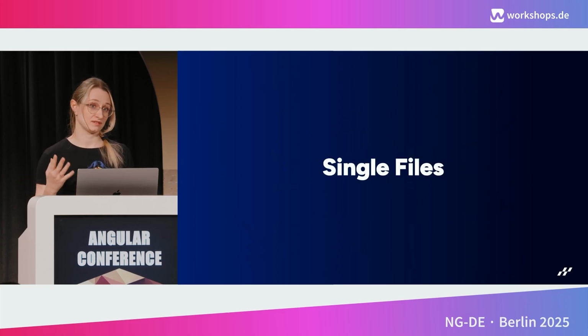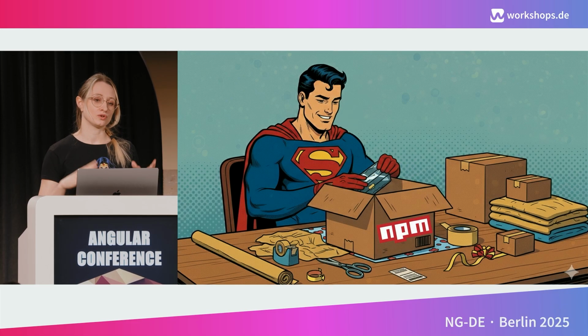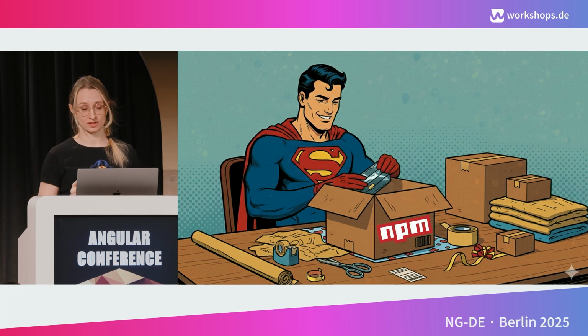You can generate even a single file, like whatever you need. And the beautiful part of it is that you can package your tool into an NPM package, publish it to the registry, and reuse it across different workspaces. So you can even create a whole preset for creating a new NX workspace.